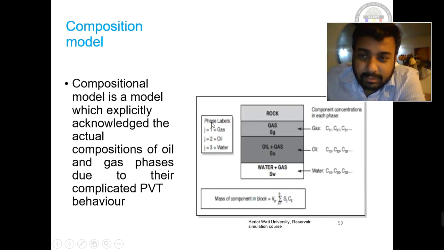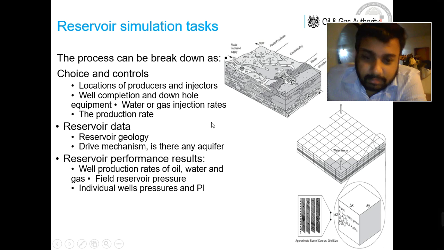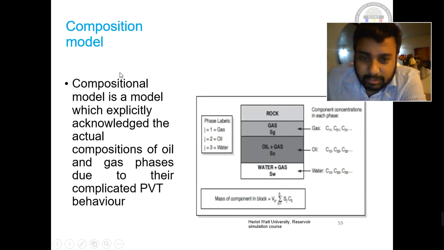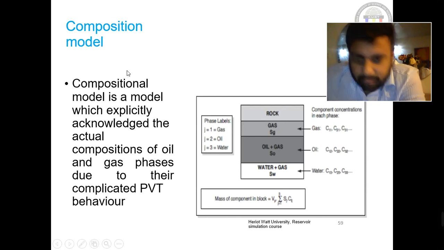Now the question comes: which one is more accurate? Well, both can be used in particular cases. There are many studies. In some cases, the simple black oil model may work, but in some cases, the compositional model is important. For example, when we talk about the water coning issue, water rising towards the completions, maybe we have to use the compositional model.